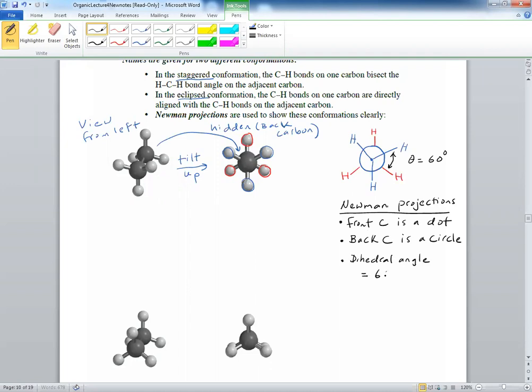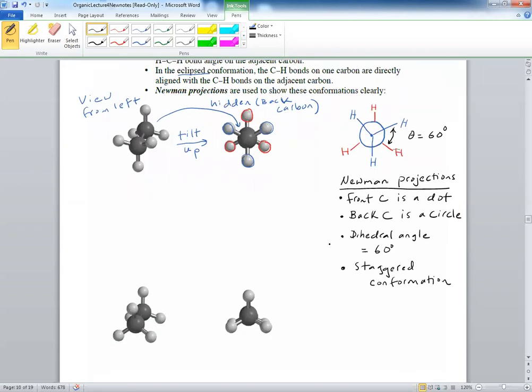And that's 60 degrees. And there's a name for this. This is what we call a staggered conformation. So the angle again is a 60-degree angle. And that's again in a staggered conformation.